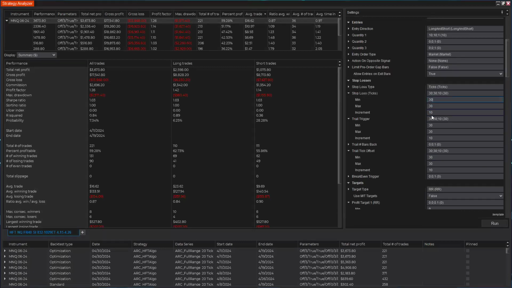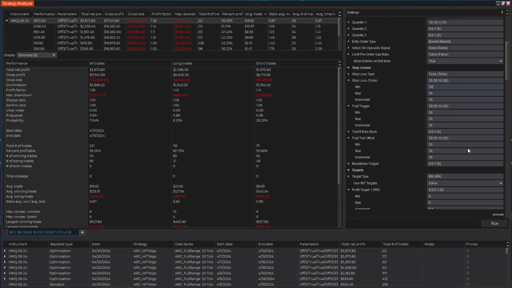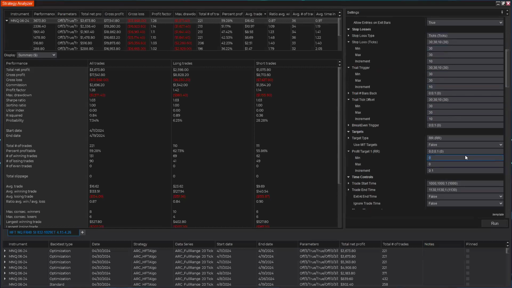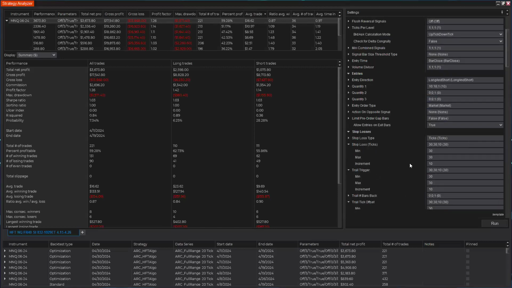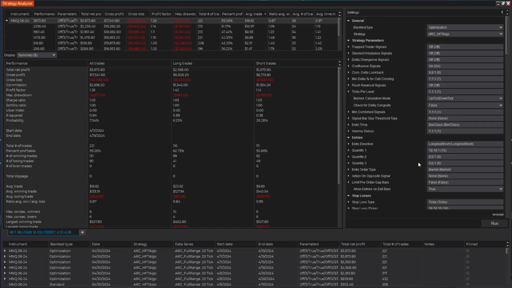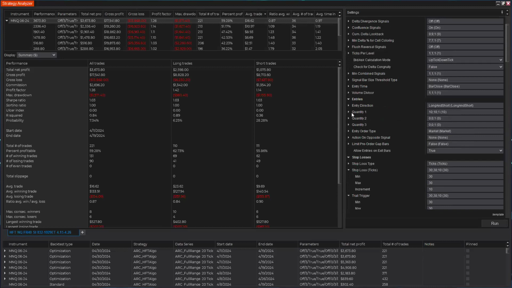What I do want to do though, just to beat the dead horse, is look at it with a trail as well, and see what that looks like. I want to compare drawdowns, really. Let's go in here.